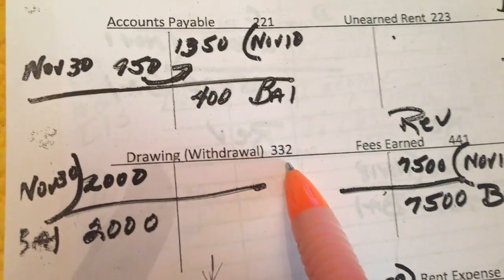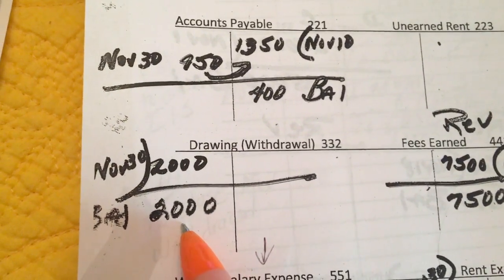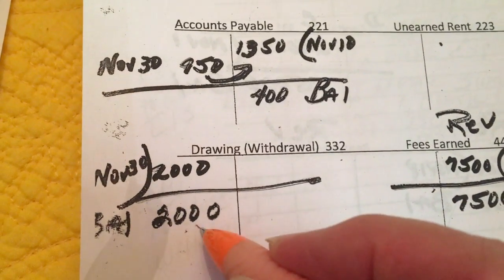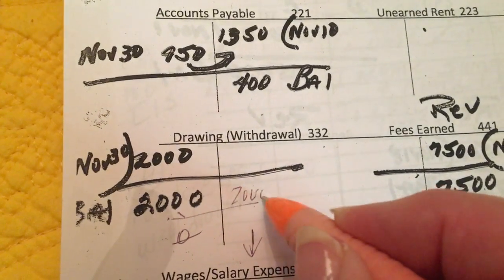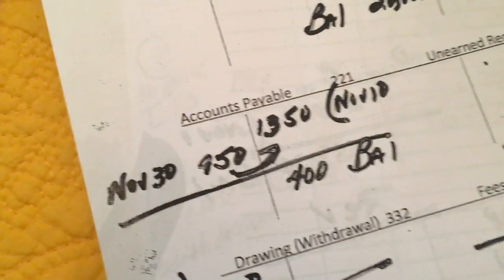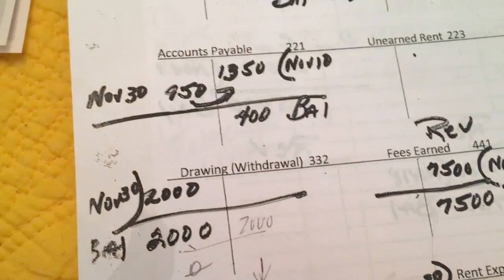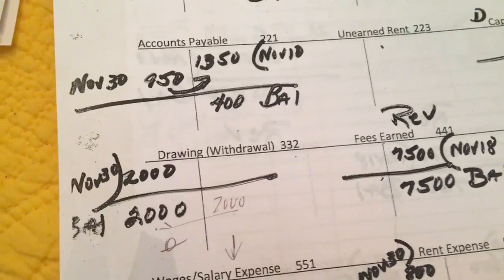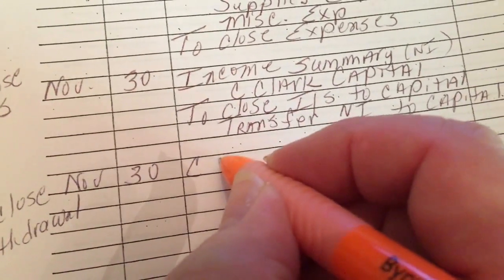Here it is up here, account 332. It currently has a debit balance. To close it then, if we want a zero, we're going to credit it. Okay, so we need a credit in our journal entry. And it's going to be transferred to our capital account. So it will reduce the capital. Just remember your statement of stockholders' equity where we subtracted it.